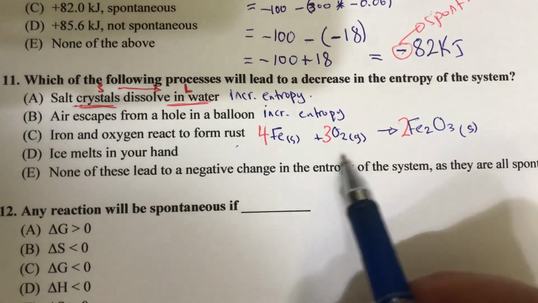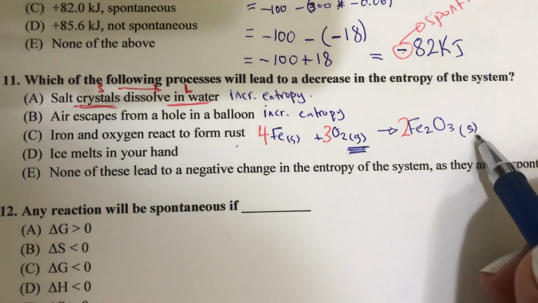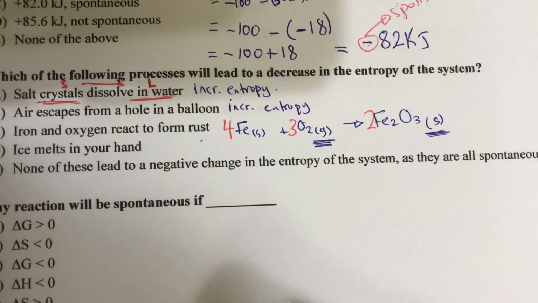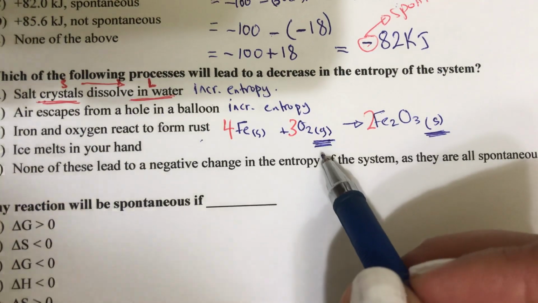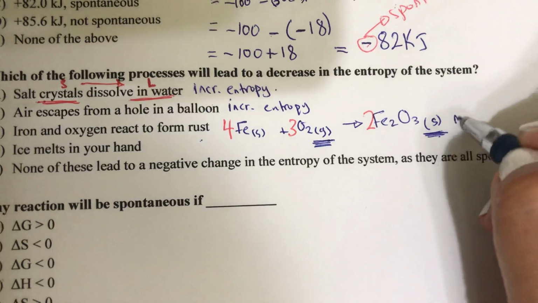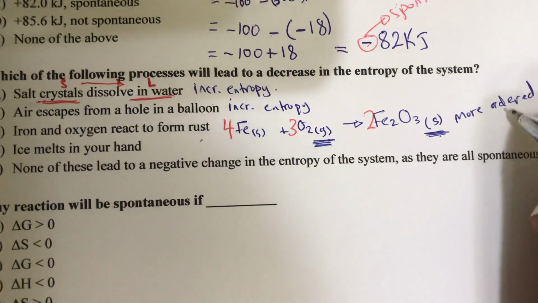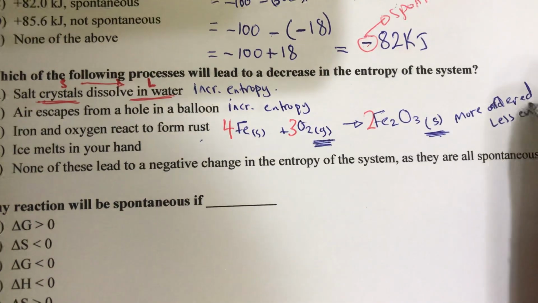So in the reactants you have gas state, and in the product solid state. In gas, particles are free to move and less ordered, and in solid particles are more ordered. More ordered means less entropy.